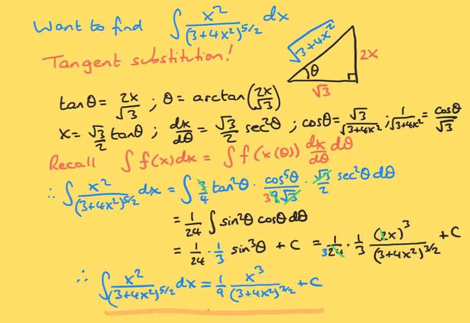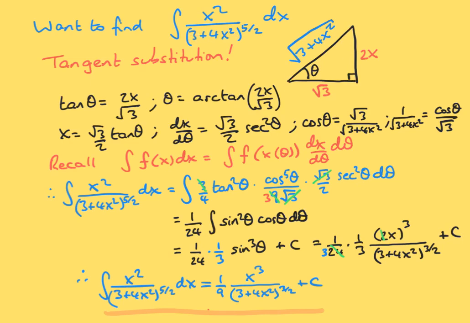So, the point of this video exercise has been to give you some practice with a tangent substitution where it's not just something like x squared over 1 plus x squared. There are some other numbers put in. And I think the easiest way to read off how to do this is just to draw a triangle.